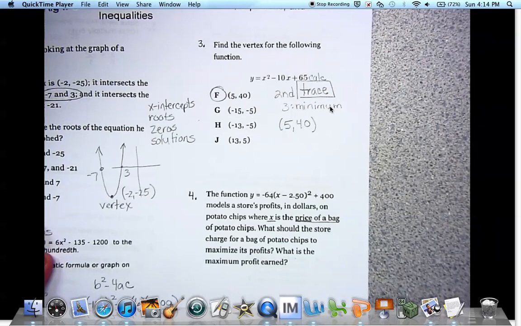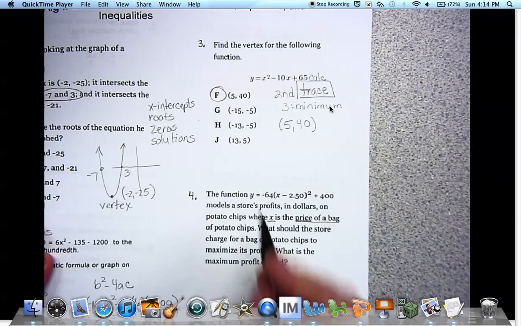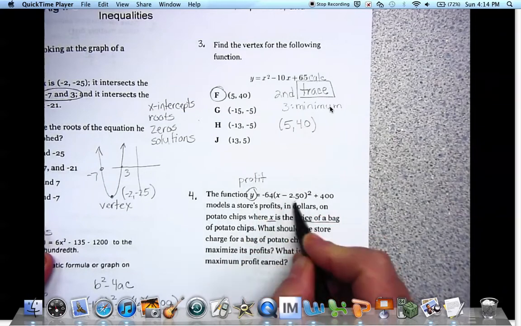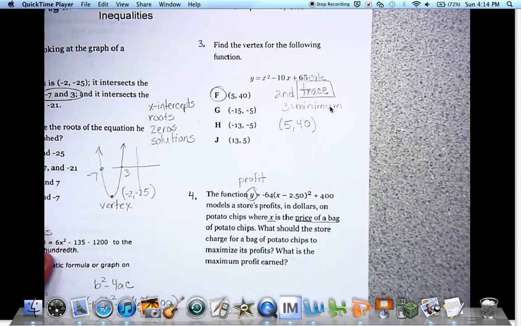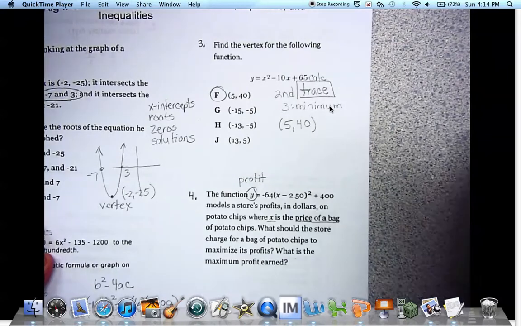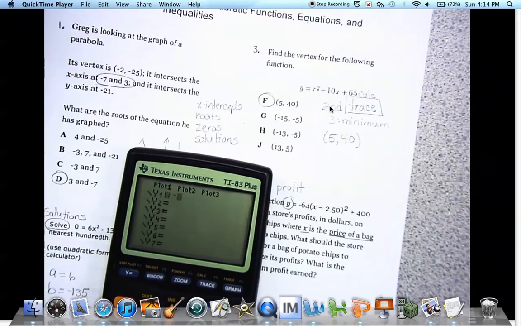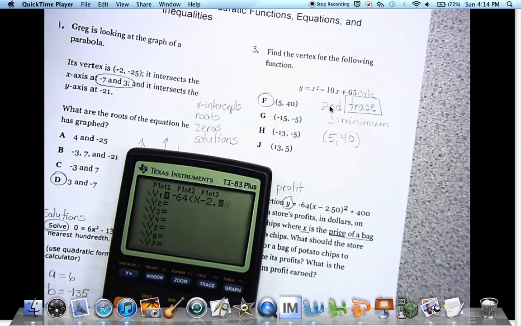What is the maximum profit earned? So y represents the profit, and x represents the price of the bag of chips. So we're going to have to put this in our calculator. Negative 64 parentheses x minus 2.5 squared plus 400.